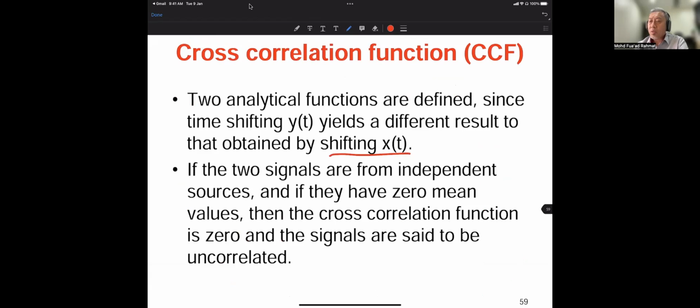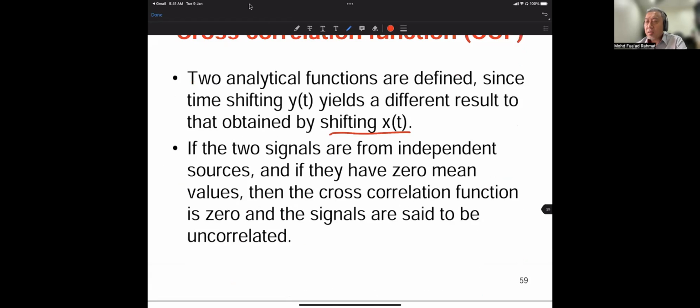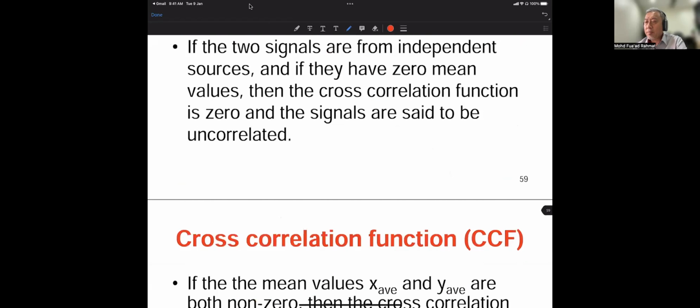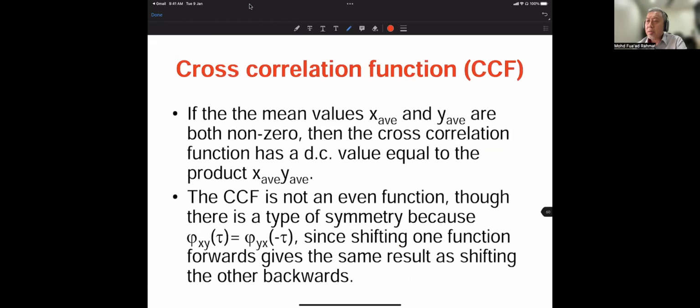If the two signals are from independent sources and have zero mean values, then the CCF will be zero and the signals are said to be uncorrelated. If we have mean values x average and y average, both non-zero, then the cross correlation function has a DC value equal to x average multiplied by y average.